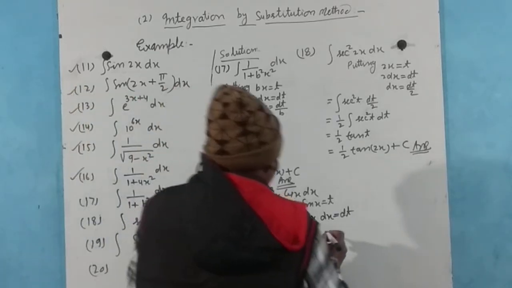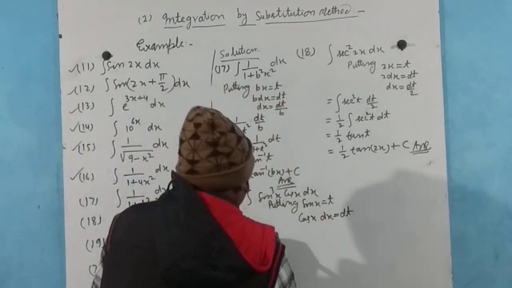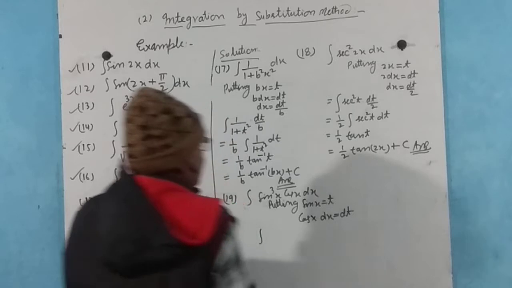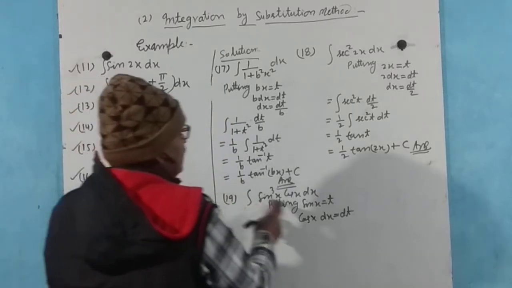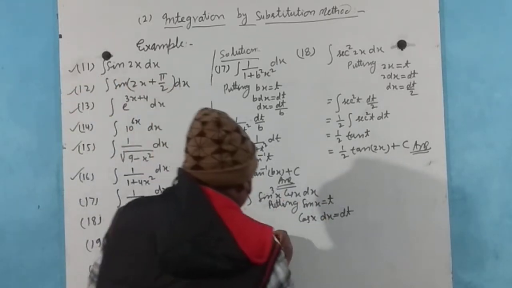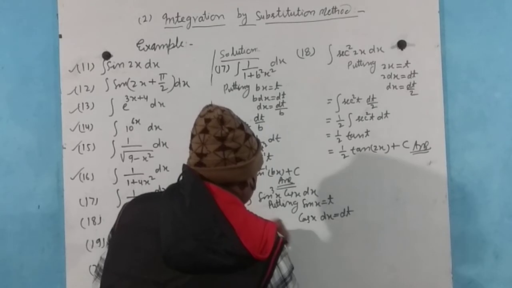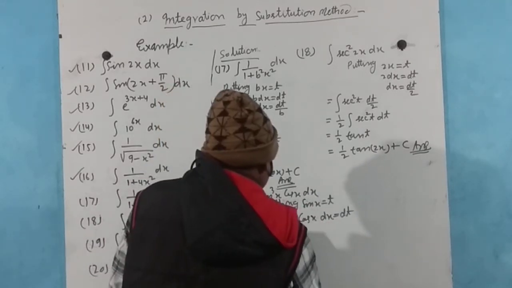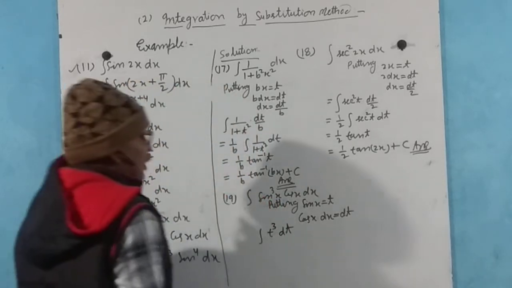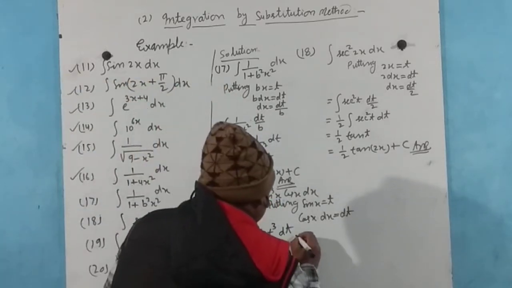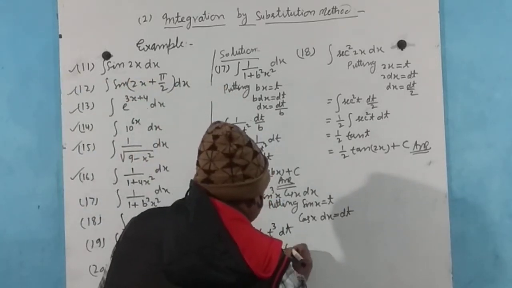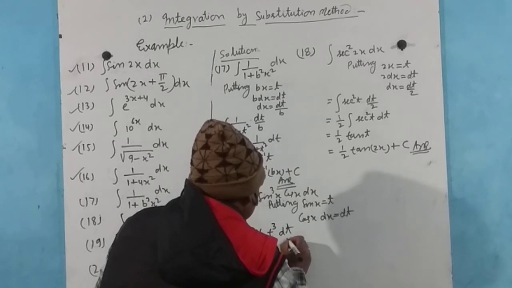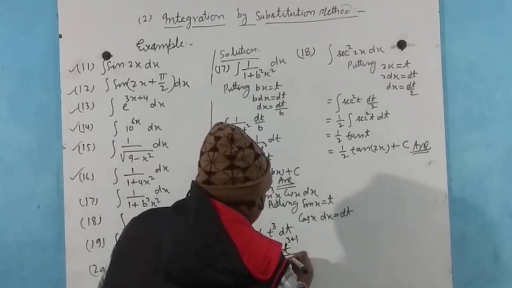Now putting sin x equal to t, we get t to the power 3, and cos x dx equal to dt. Integration of this is equal to t to the power 3 plus 1 divided by 3 plus 1.